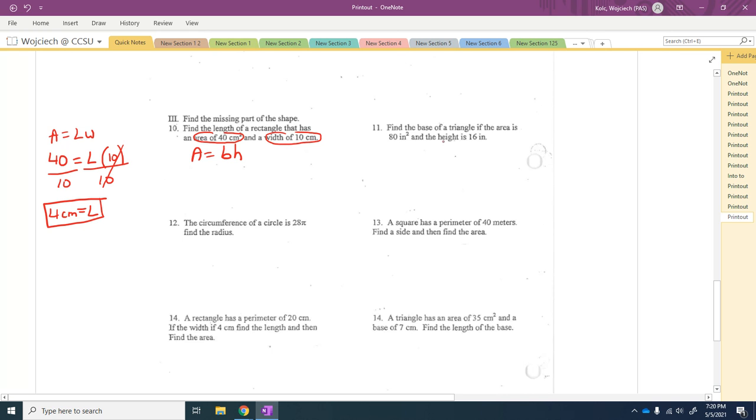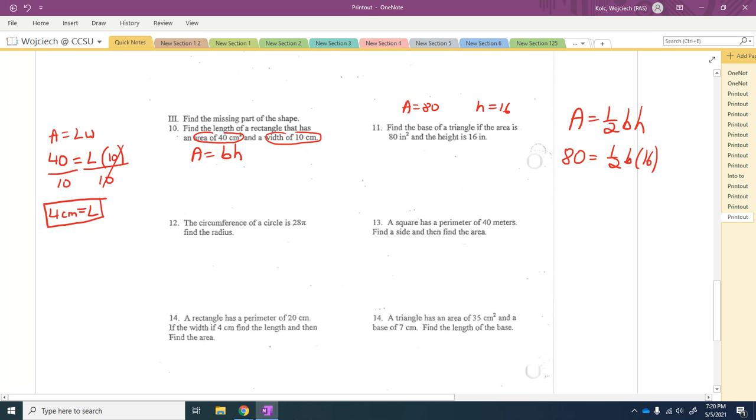Number 11: find the base of a triangle if the area is 80 square inches and the height is 16 inches. The area of a triangle is 1/2 base times height. So area is equal to 80 and the height is equal to 16. I will replace everything and solve for B. So 80 equals 1/2 times base times 16.